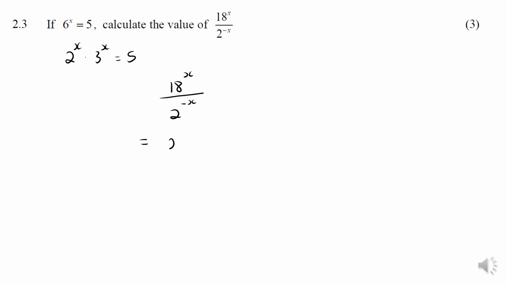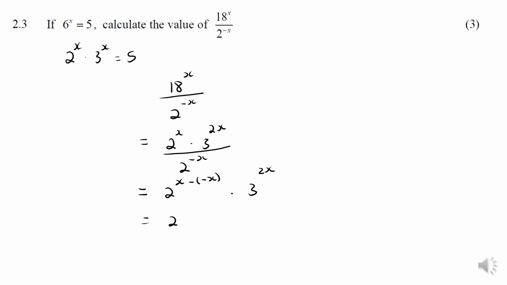exponent x. So it will be 2 to the power of x times 3 to the power of 2x over 2 to the power of negative x. And then because my bases are the same, I can either subtract or add the exponents. So 2 to the power of x minus negative x times 3 to the power of 2x.